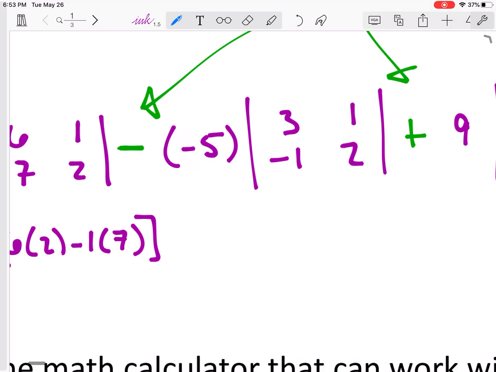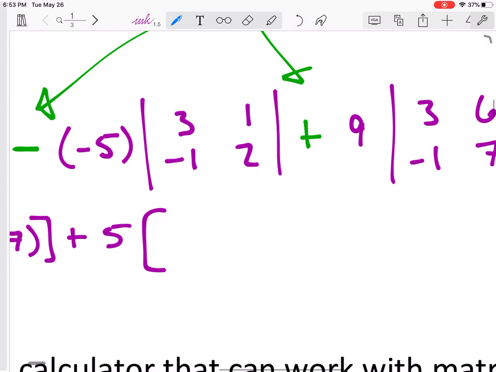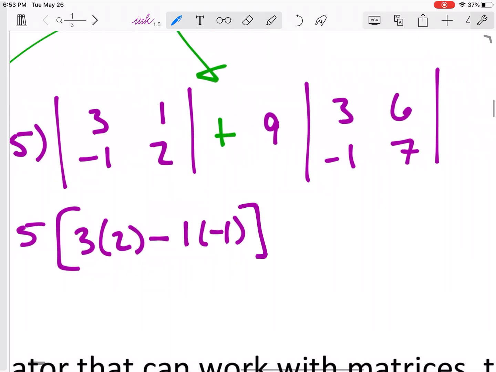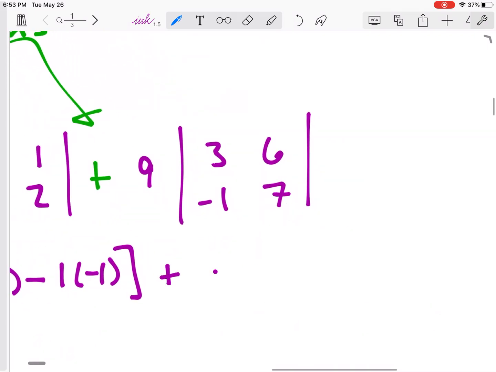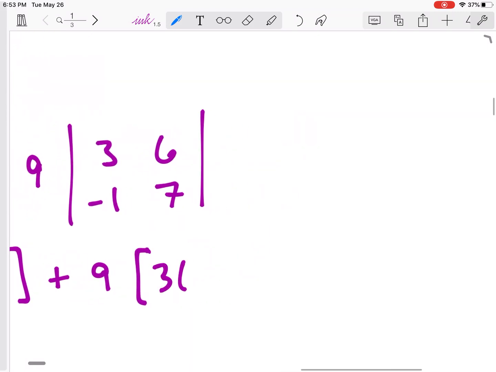Well, subtracting a negative, that's just going to be adding 5 times the determinant of this matrix, which will be 3 times 2 minus 1 times negative 1. And then plus 9 times the determinant of this last matrix that we formed, which is 3 times 7 minus 6 times negative 1.